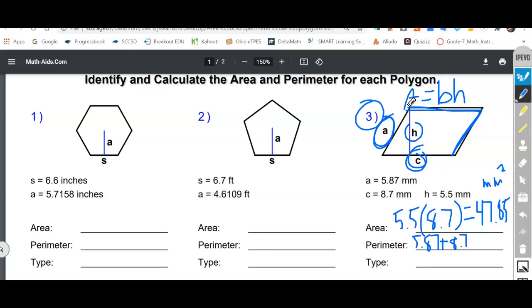You would do 8.7 plus 8.7 plus, right. Add another 5.87 and another 8.7. Or you could go 5.87 plus 8.7 times 2, right? Because you got 2 of each of those. Right, Janae? What do I get? What'd you get? 29.14.